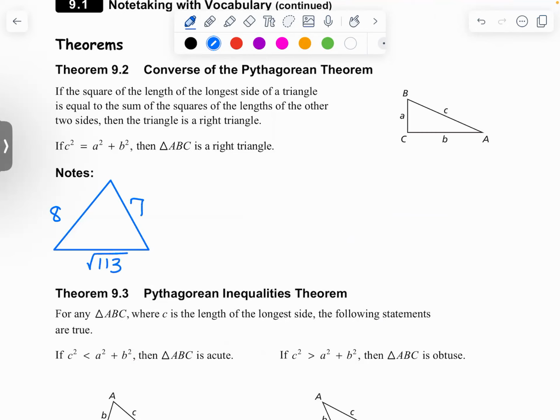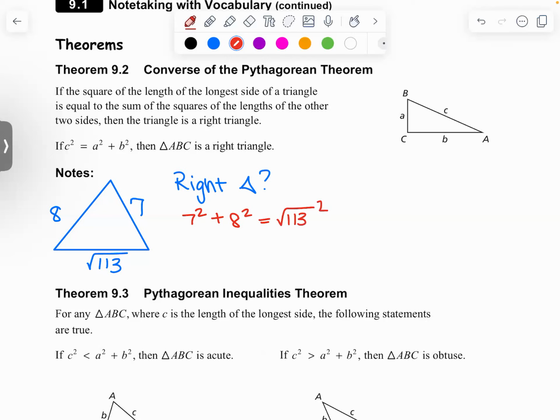I want to know, is this a right triangle? 7, 8, and square root of 113 are our sides. If we want to determine if it's a right triangle or not, then we're going to use the Pythagorean theorem. A squared plus b squared equals c squared, potentially.